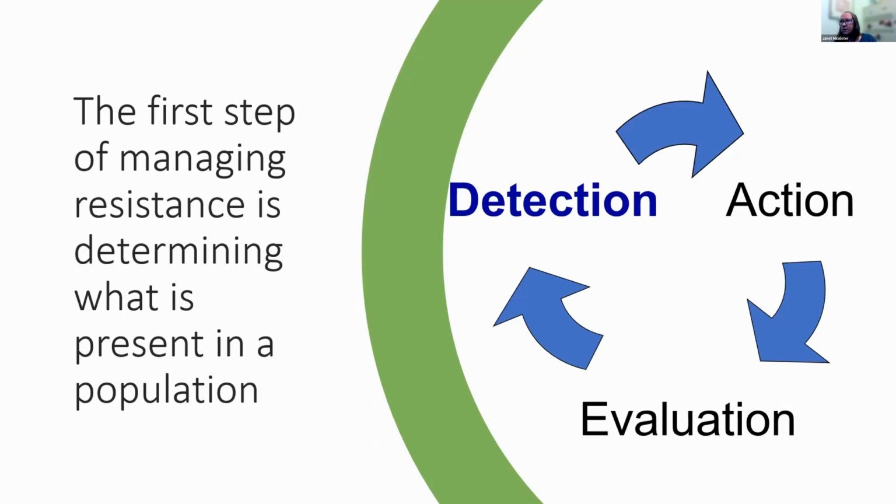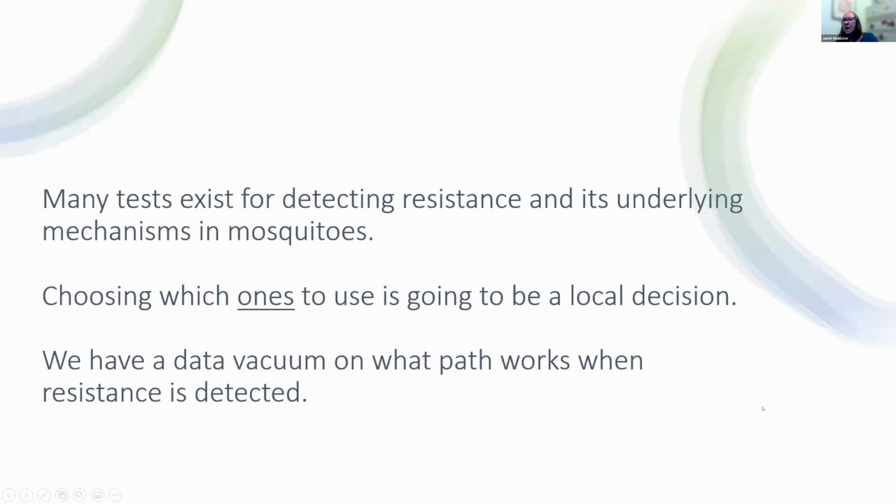And at the same time, you're continuing to do this detection, action, and evaluating. And people often don't evaluate changes in their program. They just say, oh, we needed to rotate chemicals. They rotate chemicals, but they don't necessarily evaluate, was that actually the right action to take? So we heard there are many tests that are out there for detecting resistance and its underlying mechanisms.